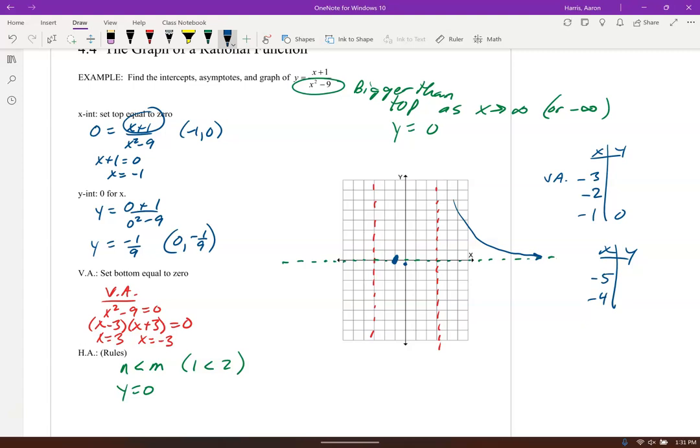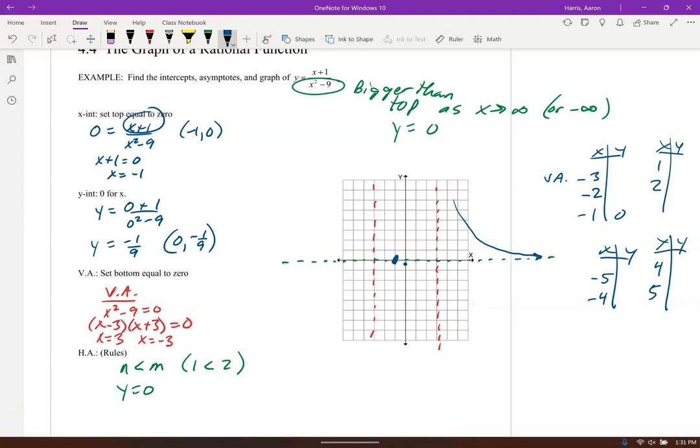It'd be nice to throw in like 1 and 2, a couple to the right of x being 0. And then I got to jump over to the right of x equaling 3. So maybe 4 and then 5 and so on, right? So I'm just plugging them in one by one.